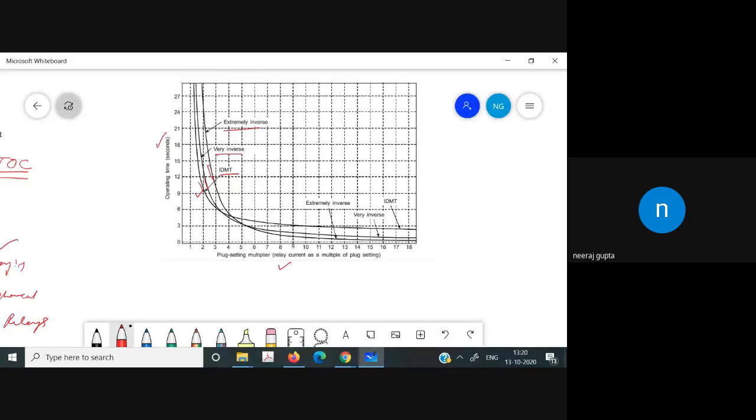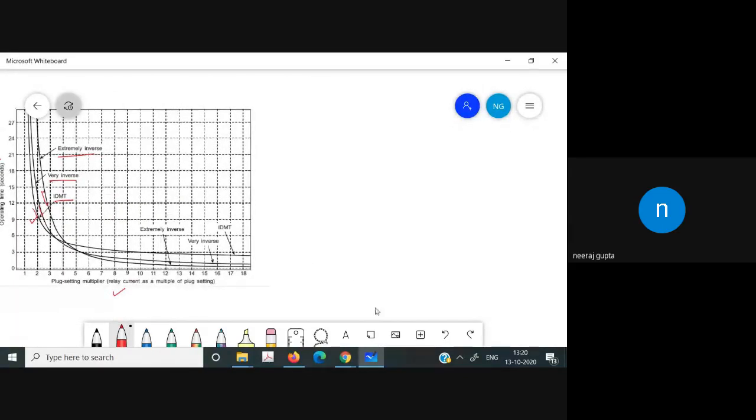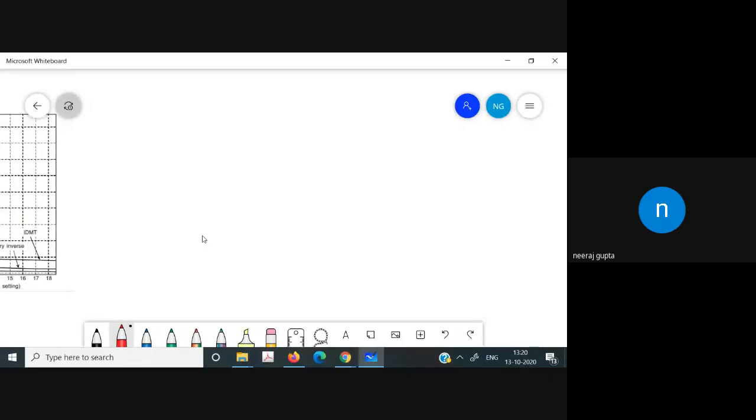Now, in this lecture, you have read about the various types of relays. First, we discussed the thermal relays.